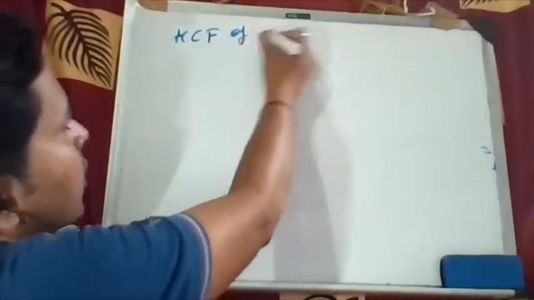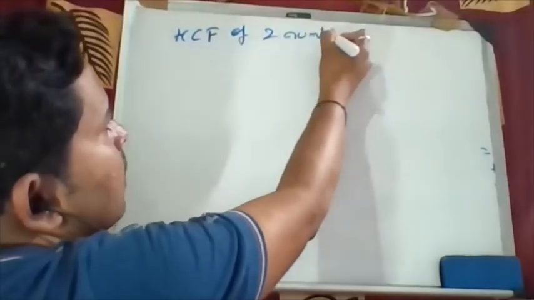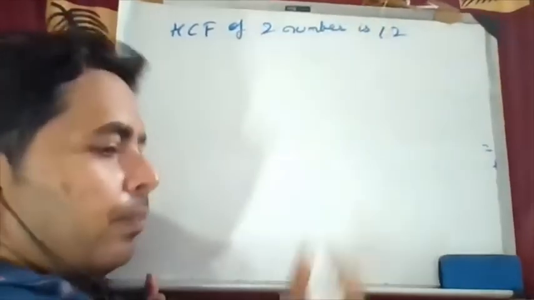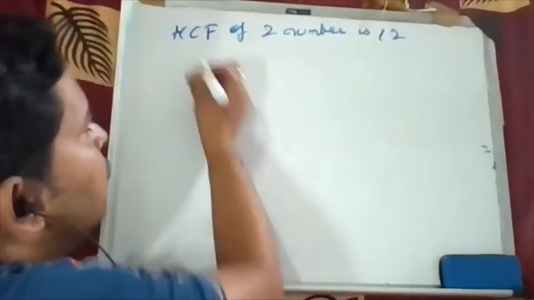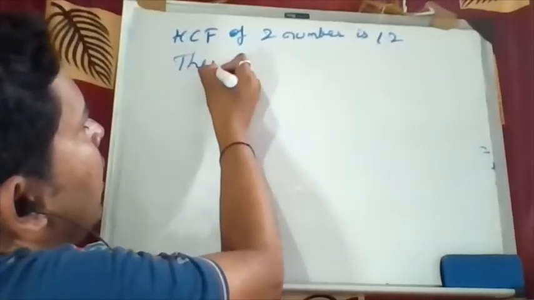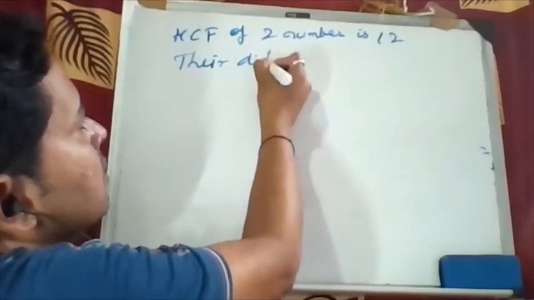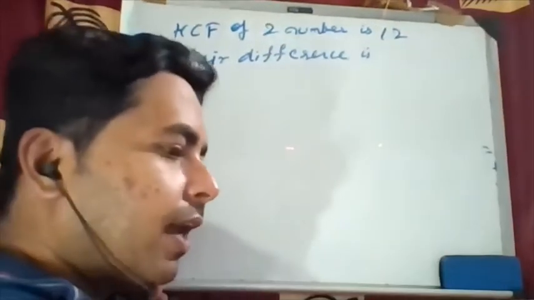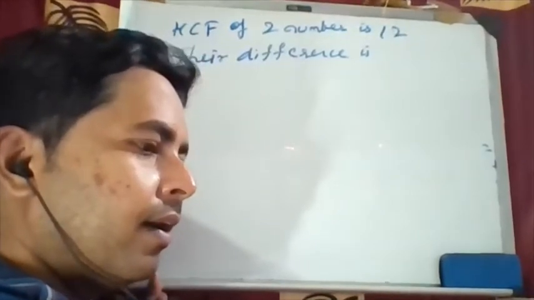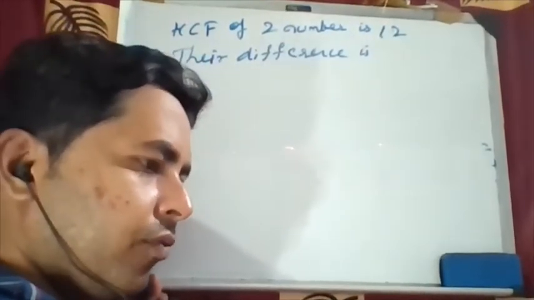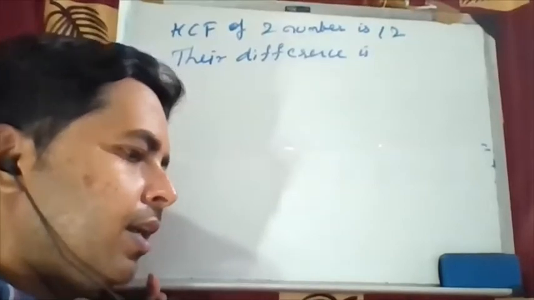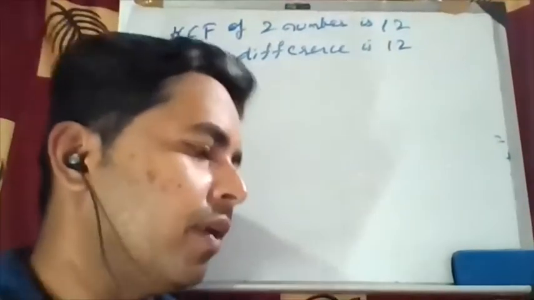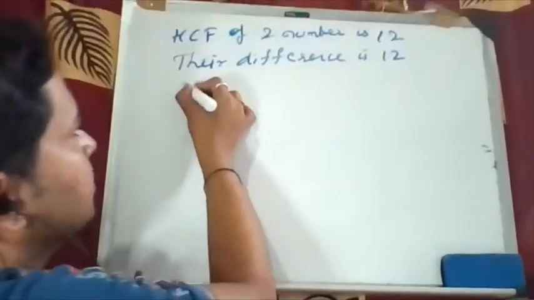HCF of two numbers is 12, and their difference is 12. उनके difference क्या है? 12 है. So what are the numbers?